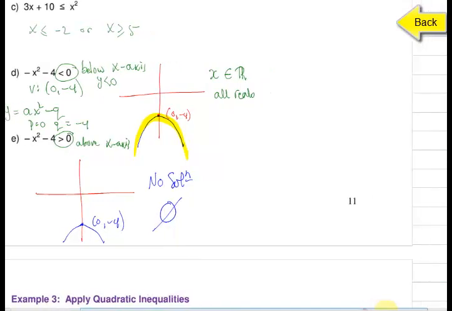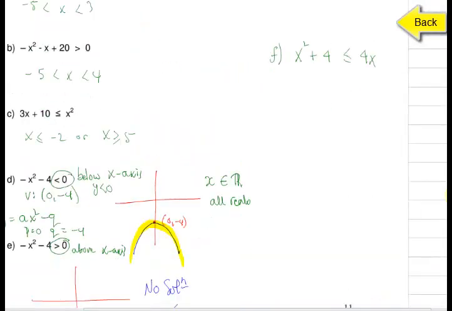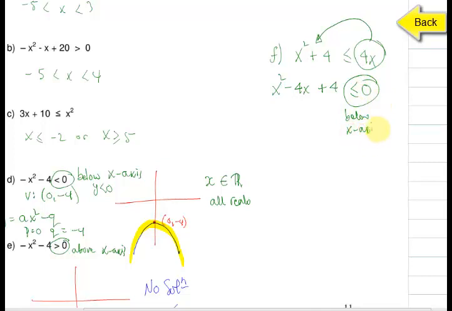Okay, so let's take a look at f. We need to put it in the form of ax squared plus bx plus c is less than or equal to 0, so we need to move the 4x to the left. It becomes negative. Okay, so this means below the x-axis and on the x-axis. Right?